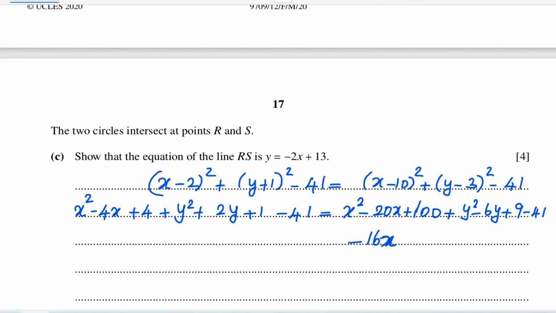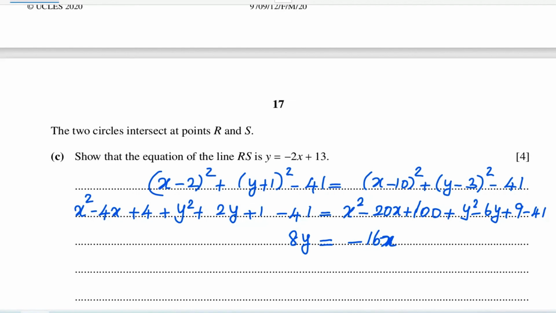Y square also gets cancelled, 2y and on the other side negative 6y. So we will write the y term on the left hand side. We will get 8y equal to minus 16x.